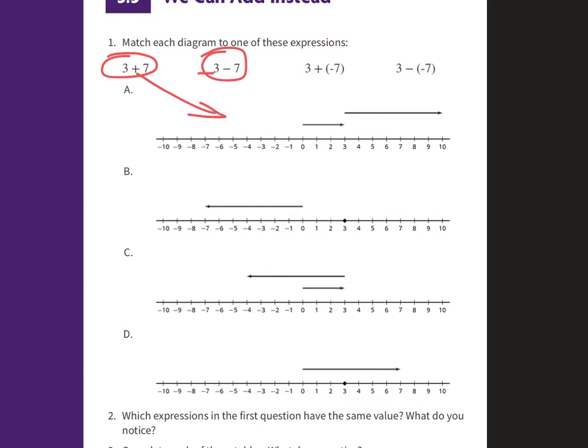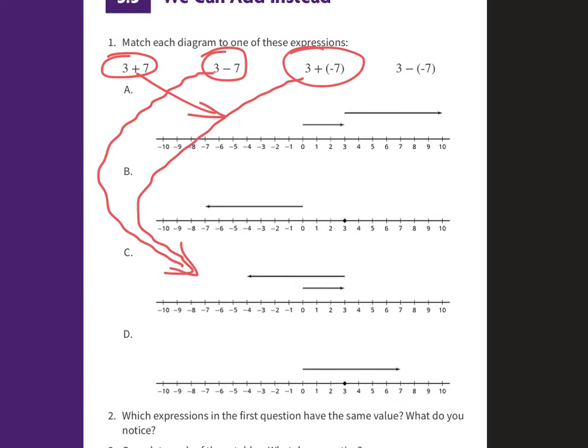So we go to the left 7, so it's going to be this one. 3 plus negative 7. Well, another way of saying 3 plus negative 7 is 3 minus 7. And then 3 minus negative 7 is this one again. When you have 2 minuses in the middle like this, it turns into an addition problem. It's only when the minuses are in the middle.